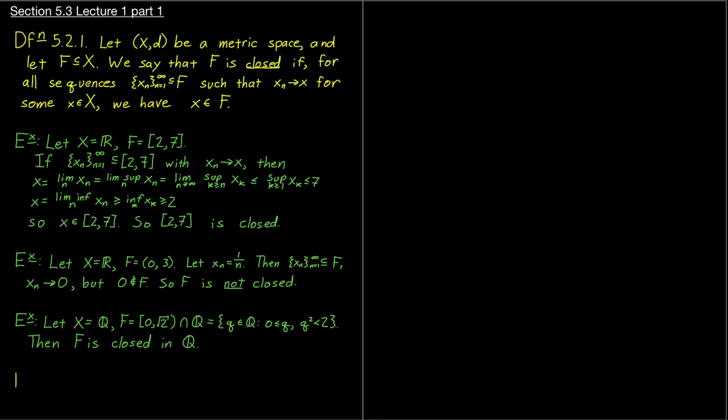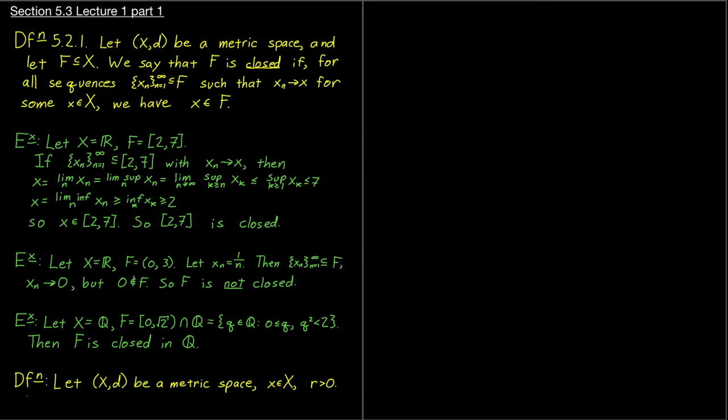Now we are going to define open and closed balls. You remember in the reals, we spent a lot of time talking about intervals that look like x minus r up to x plus r. This is the analog in a metric space. So let (X, d) be a metric space. Then we pick a point x in our space and a positive real number r.